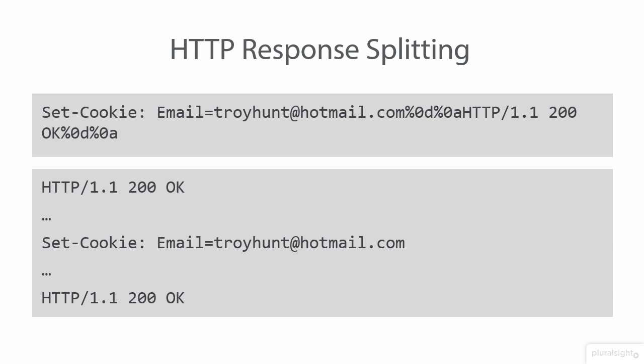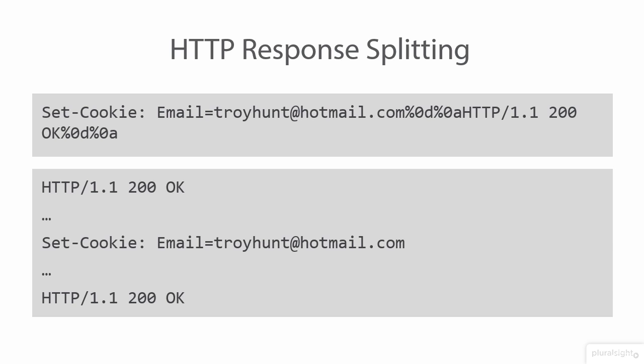Now not only are they able to split the response via the header, they could now append their own body. If they can append their own body, it means that they're able to write their own response. So what we're actually seeing here is analogous to a reflected cross-site scripting attack. That is, input from the user is modifying the response from the server, and doing so in a malicious way.